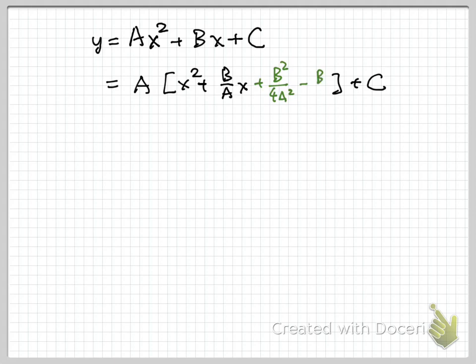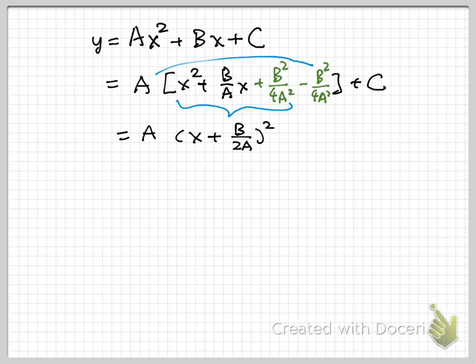We add and subtract the same number. But the first part goes to the complete square, so that is a times x plus b over 2a complete square. And multiply a to the constant, we have the residue will be c minus b squared over 4a. That is the residue.